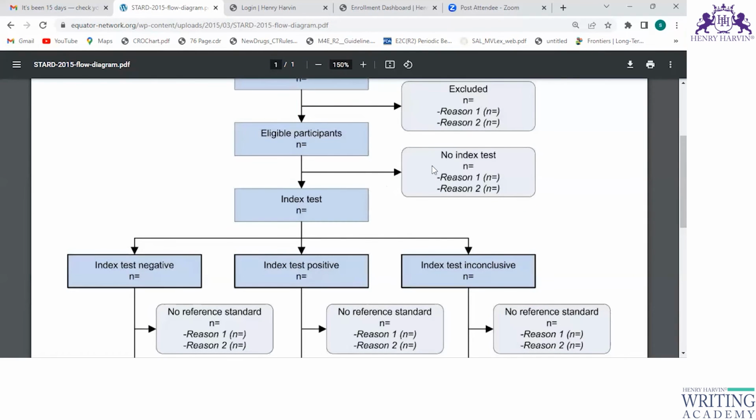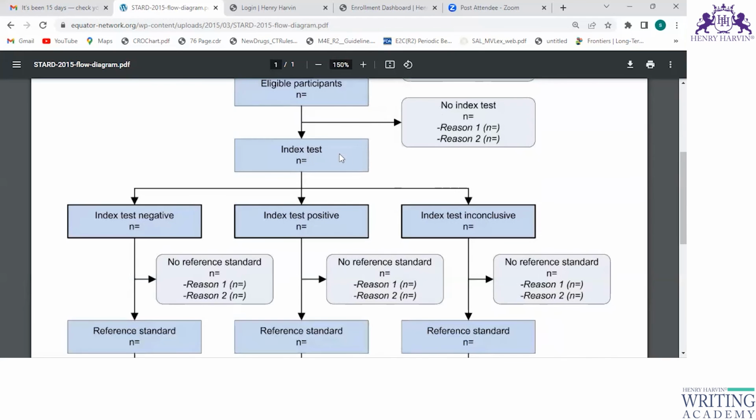And then you have to write the number of participants on whom the index test was not conducted. Then you can write the reason also why the index test was not conducted on them. The reason can be that they have withdrawn from the study, or because there is no point of contact. Those can be the reasons. Then after that, you can write the actual number of participants who are subjected to the index test.